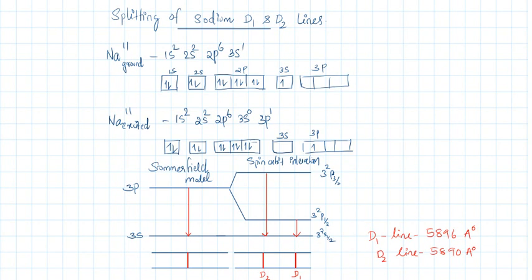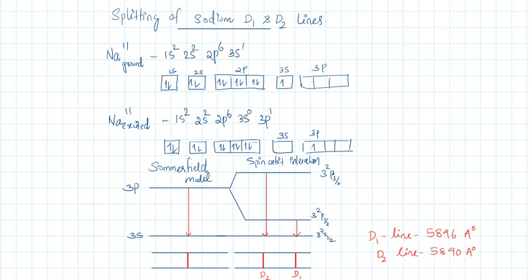But when spectrometers of higher resolution were discovered, it was observed that this D line is actually a combination of two lines. They were later named D1 and D2. And this splitting is explained using spin-orbit interaction.